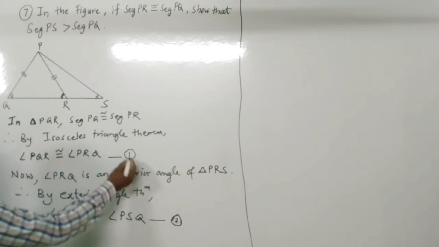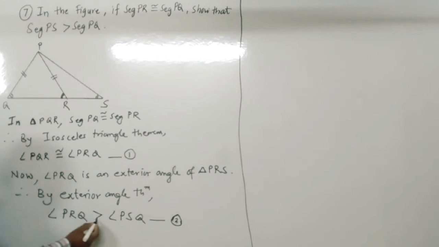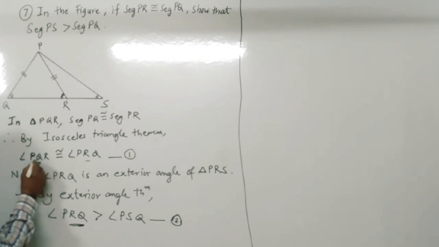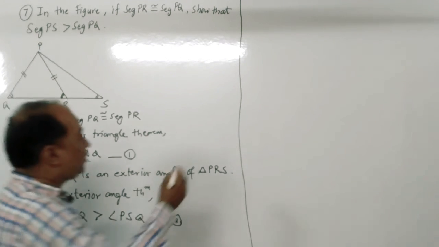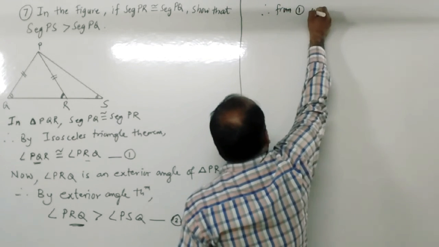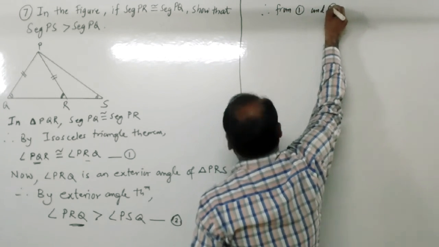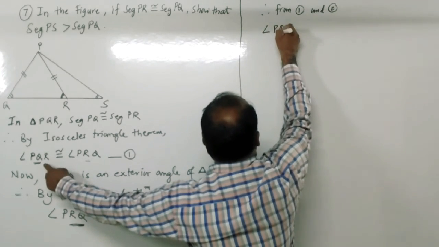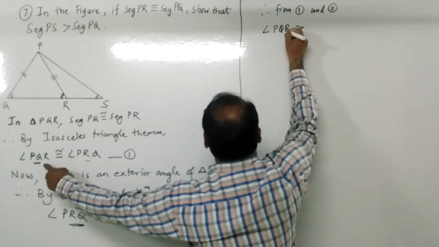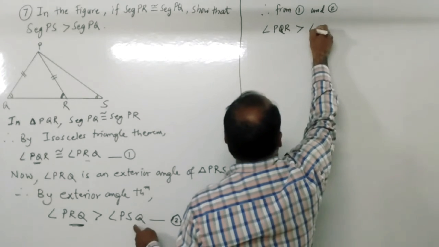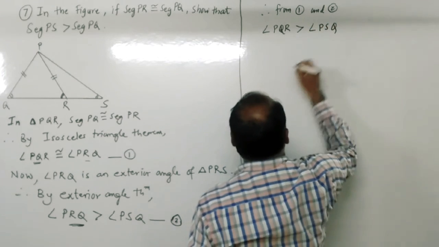Now from 1 and 2, see PRQ is greater than PSQ, but this angle PRQ is congruent to angle PQR. Therefore from 1 and 2, this angle PRQ is equal to angle PQR, which is greater than angle PSQ.